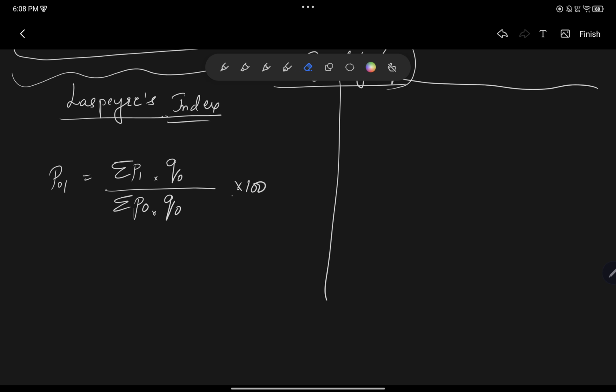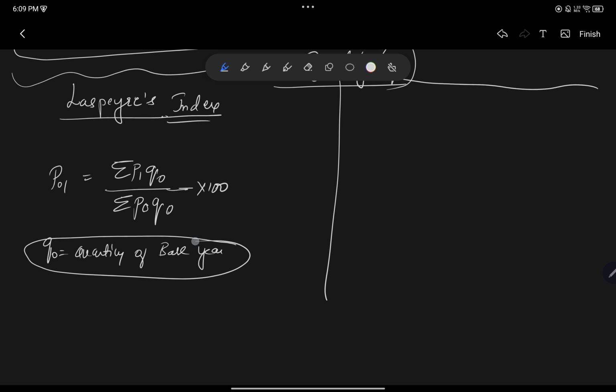So he gave this formula: summation of P1 Q0 divided by summation of P0 Q0 into 100. Here, Q0 means quantity of base year.